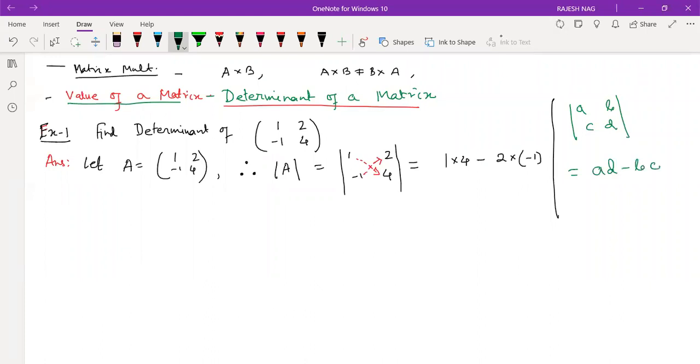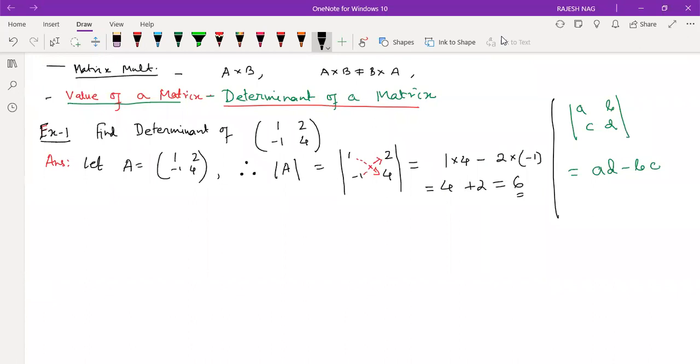So in our case, we get 4 minus a minus 2, that is 6. So we get a real number 6. So the determinant of the matrix is equal to 6. Maybe the value is negative depending on the values of the matrix, maybe negative, maybe 0 or anything else.